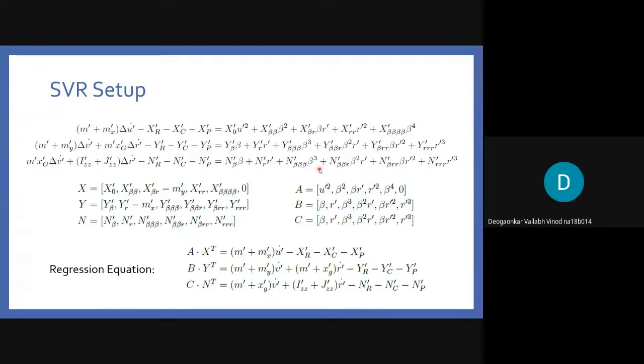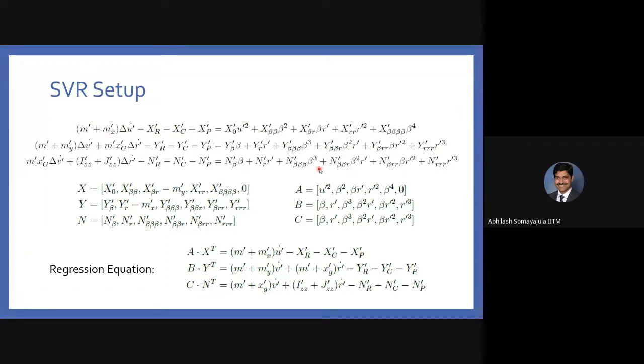So we have a problem with beta beta terms and beta r terms, right? Do we know beforehand which maneuver is more affected by r, so we can put more weightage on that maneuver to give us the x beta r term or something like that? Yeah, that's right.